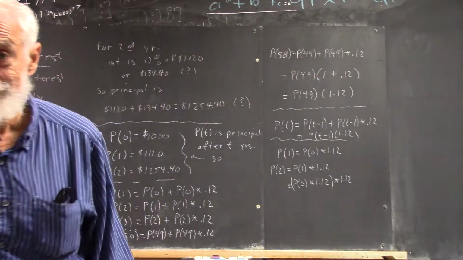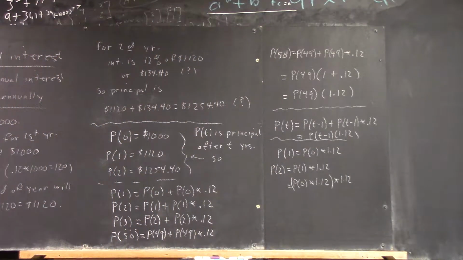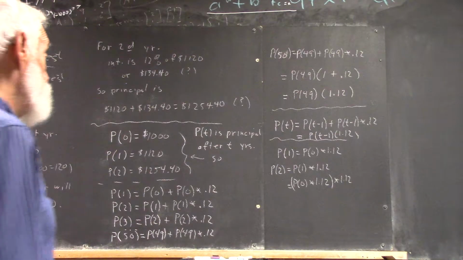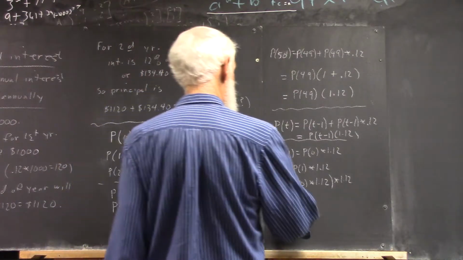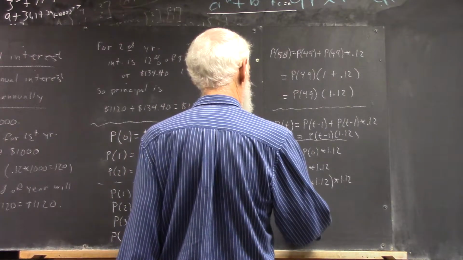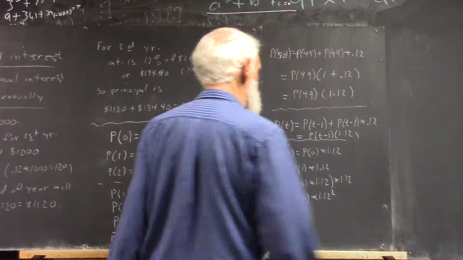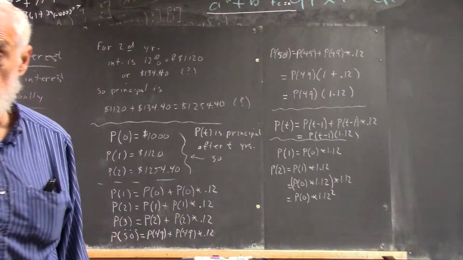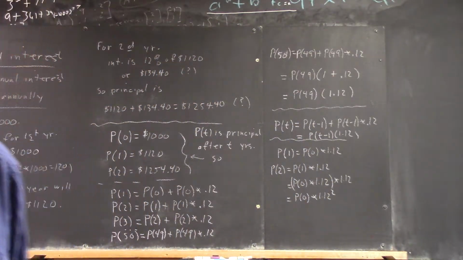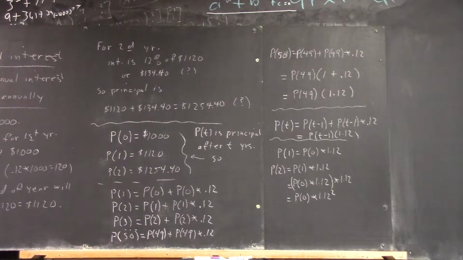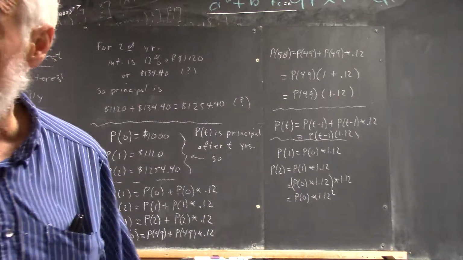Now, how can you write that a little differently? Well, isn't that P of 0 times 1.12 squared? Yeah, 1.12 times 1.12 is 1.12 squared.